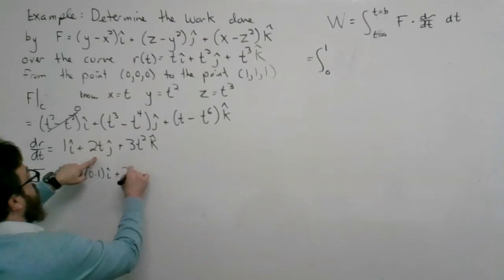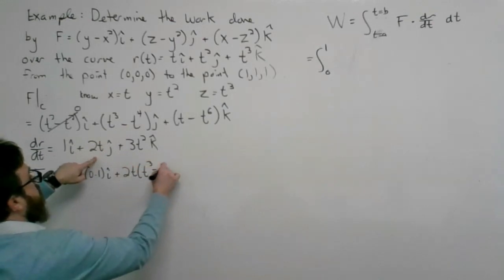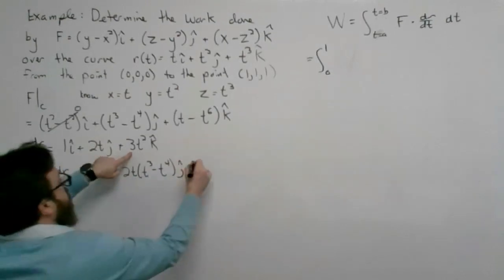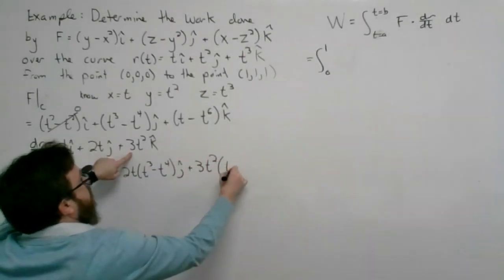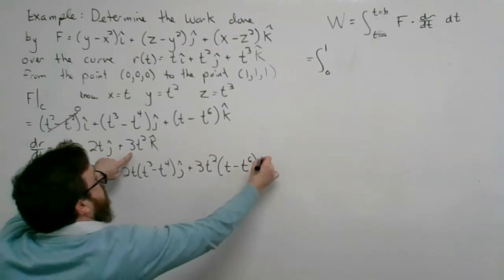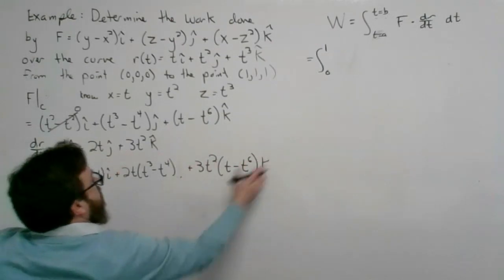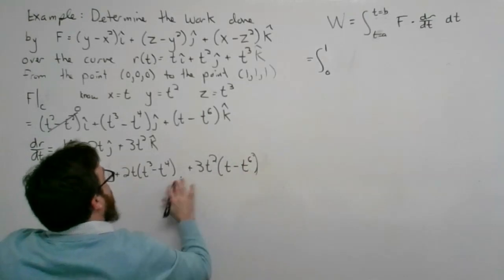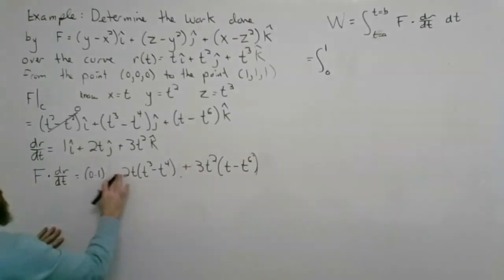So this is going to be 2t times t cubed minus t to the fourth. That's going to be j. And then this is going to be 3t squared times t minus t to the sixth. So the dot product is going to be the sum of those things.